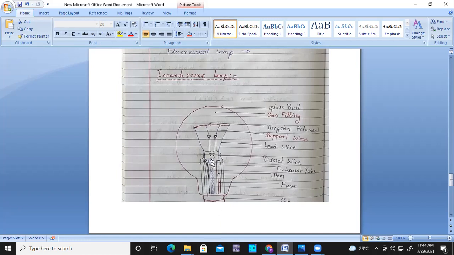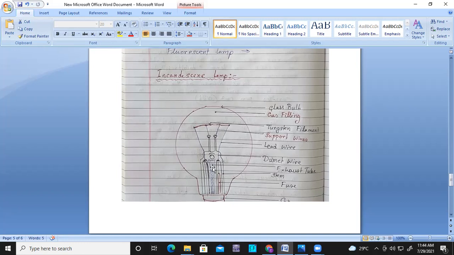And within this you can find the exhaust tube. Whenever we put this together, the exhaust tube is also sealed. All the glass parts are sealed with some cementing material, and here is one hole.